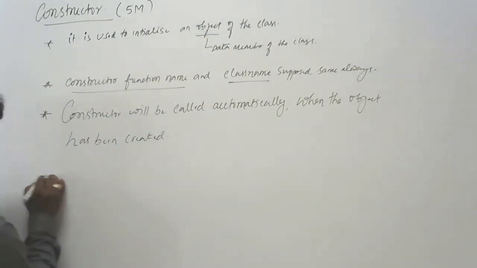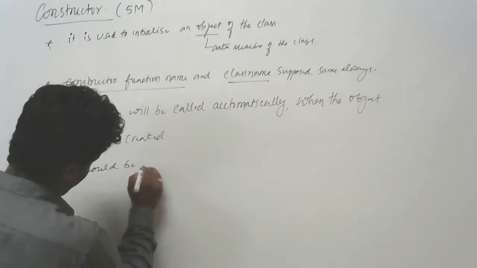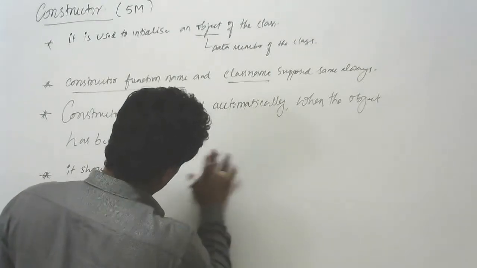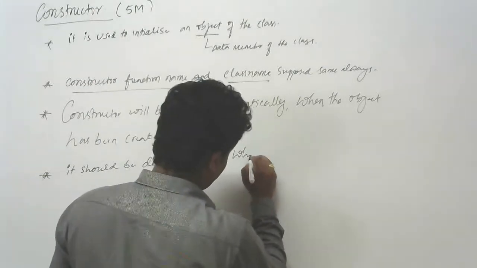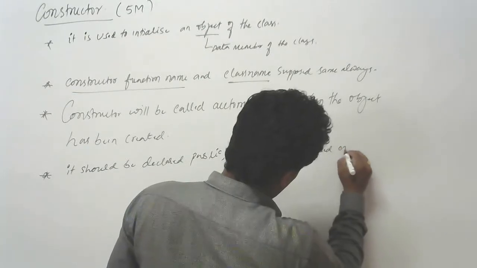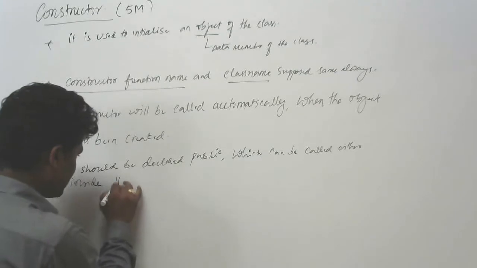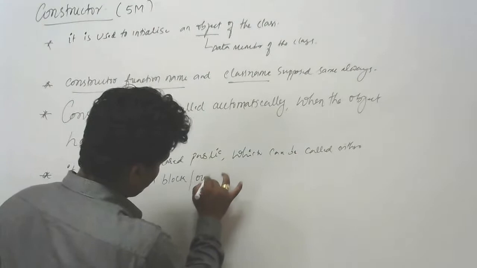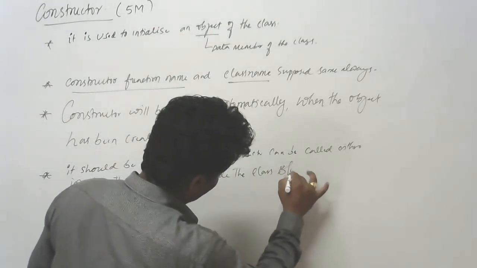The next point, it should be declared inside the public section, and it can be called either inside the class block or outside the class block.